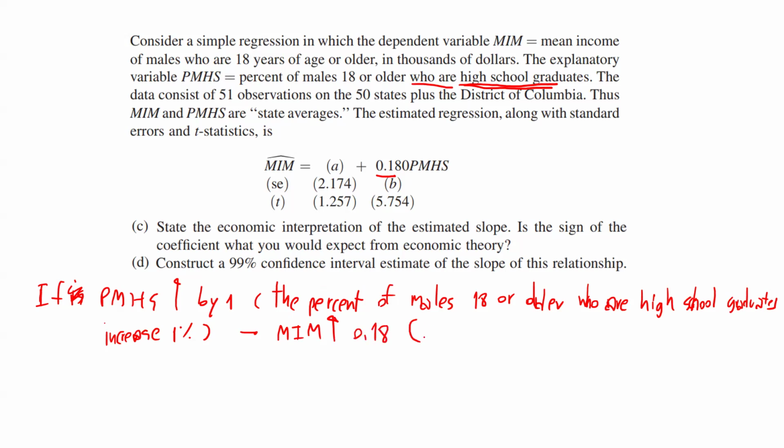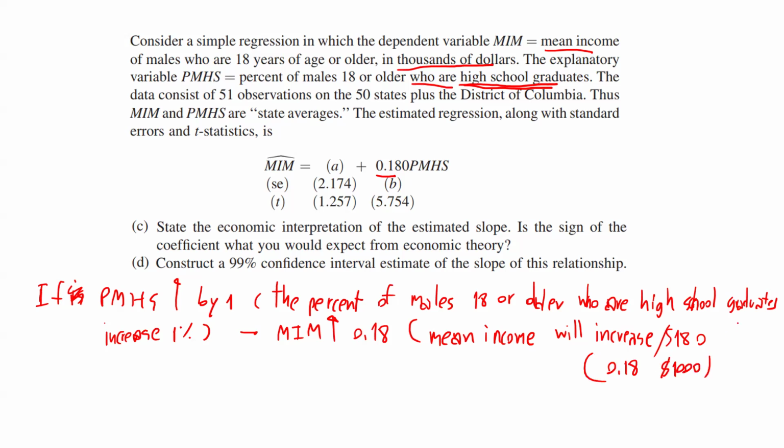So this means mean income, in thousands of dollars, will increase 0.18, which means $180. Or you can write down 0.18 in terms of $1,000, the same.